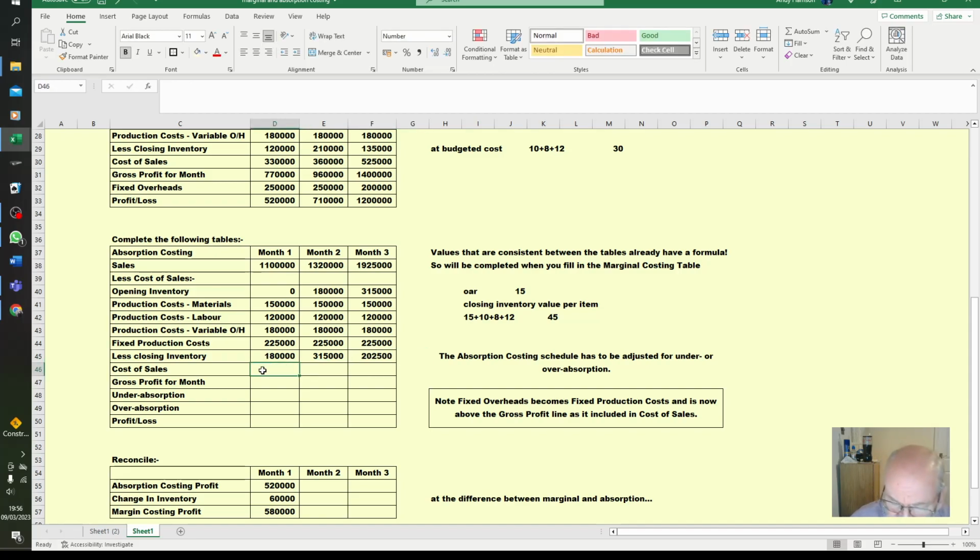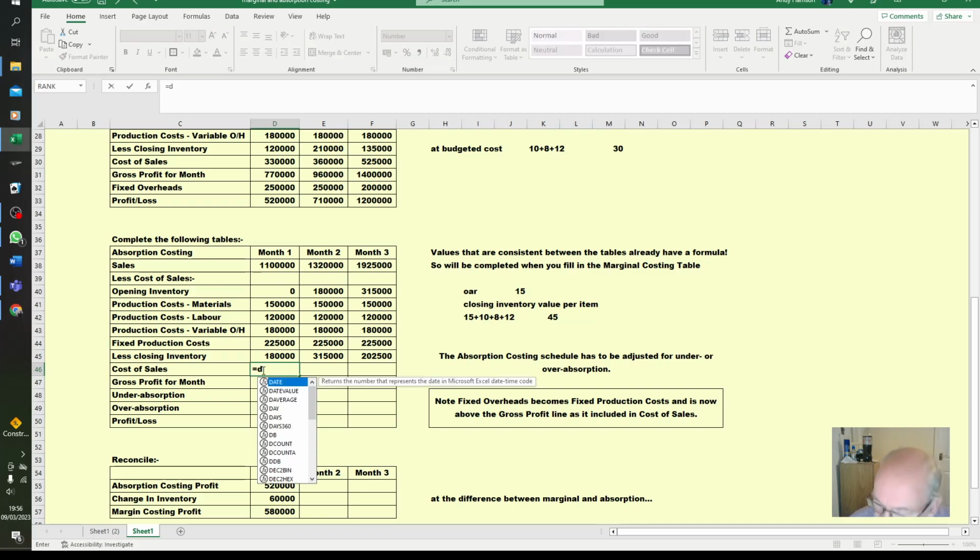So our cost of sales will be bigger. In fact, let's have a look how much bigger. So D40, D41. It won't actually make any difference until I copy it across that I missed that off because it was 0. But I better put it in plus.